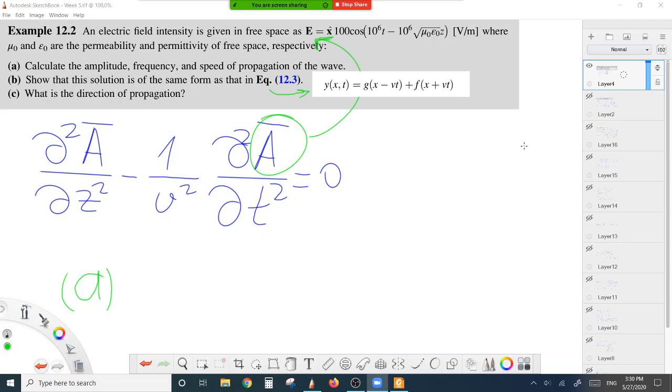First of all, the first question is asking about the amplitude, frequency, and speed of propagation of the wave.